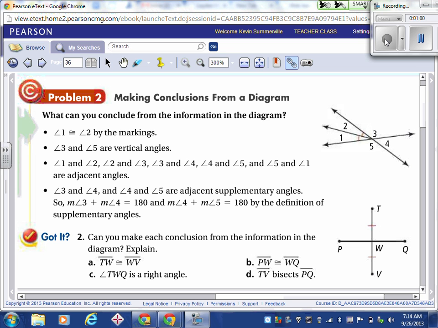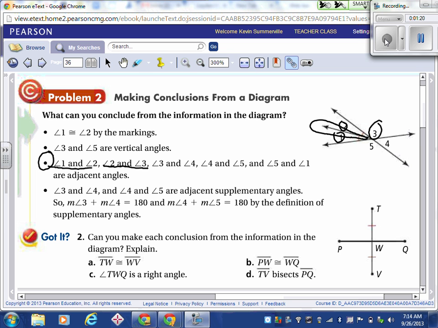You can also see that angle 1 and angle 2 are adjacent angles. Angle 1 and angle 2, they share that side. Angle 2 and angle 3 are also adjacent angles.